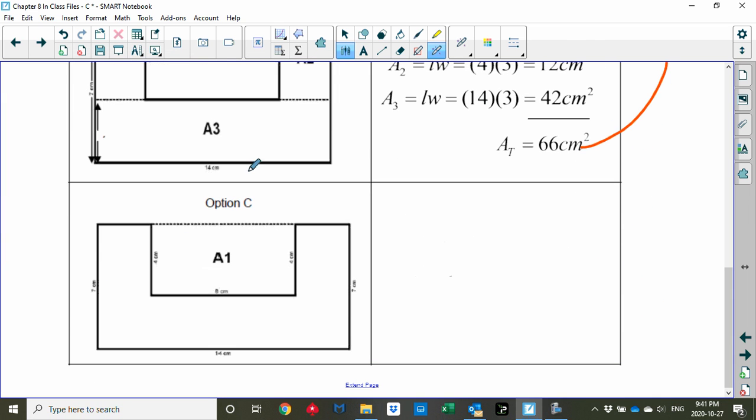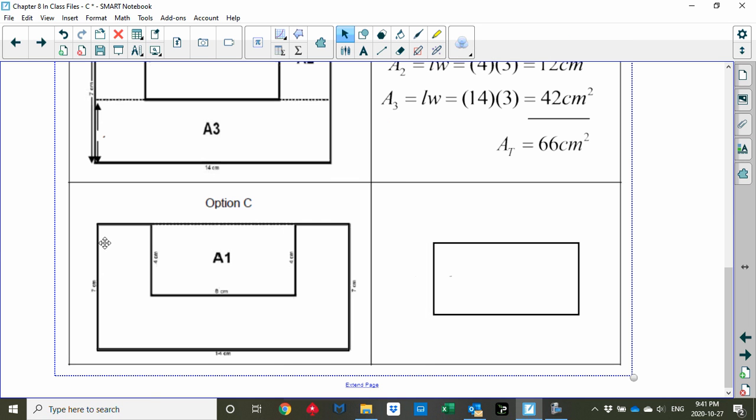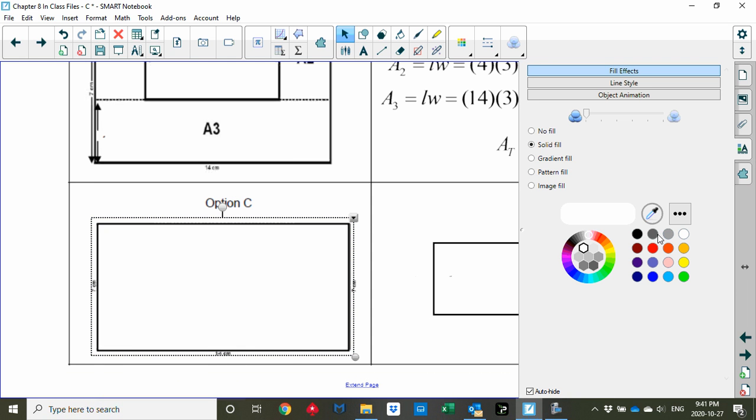The last one is this, and just to kind of show you here, you've got this small rectangle inside a bigger rectangle. So I'm just going to take this out of here for a second. I'm going to draw my first rectangle. So the way we're going to do this is we're going to figure out what the area of this big rectangle is right here. I'm going to go solid fill and make it gray there.